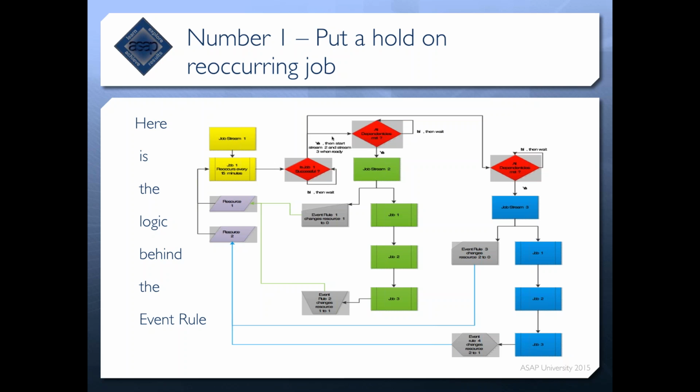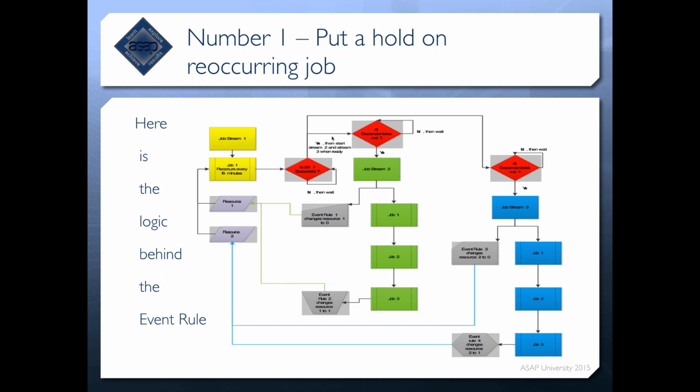This is the way it is set up now, because they said they're going to add more job streams later. So we have 2 resources, and each resource is tied to each job stream. When these resources are available, this reoccurring job can run. When they're not available, it can't run.